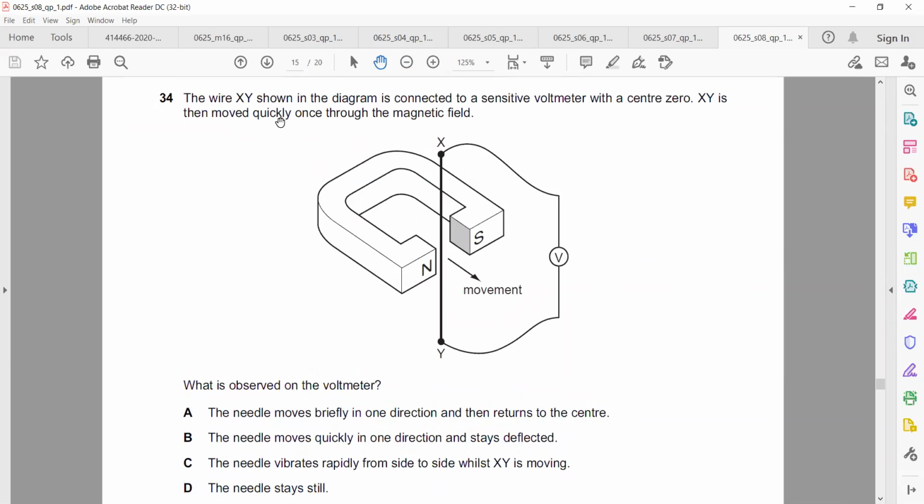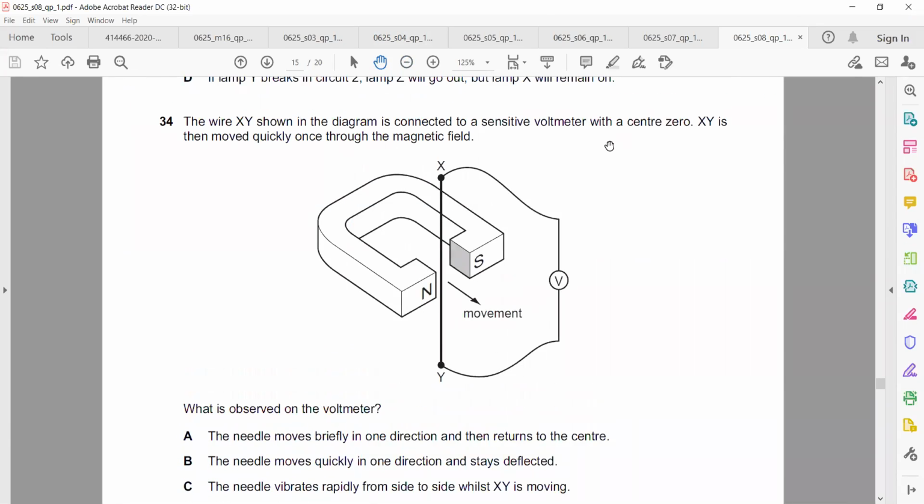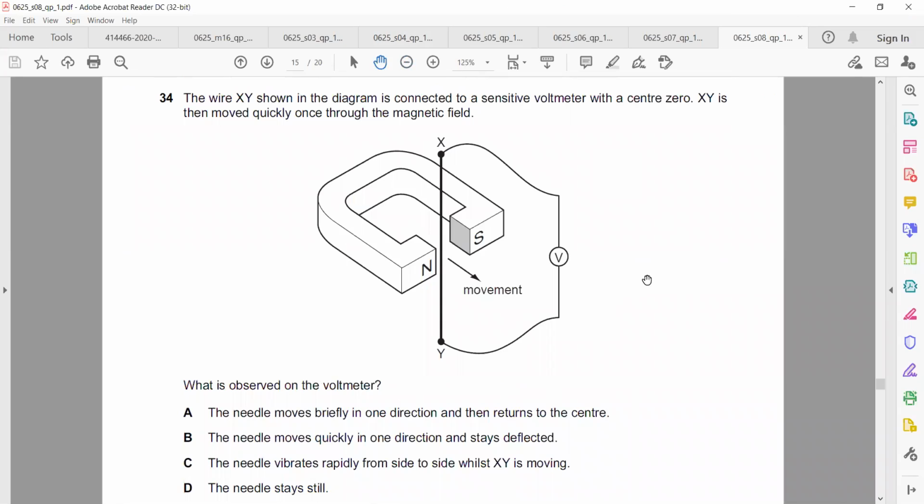The wire XY shown in the diagram is connected to a sensitive voltmeter with a center zero. X and Y is then moved quickly once through a magnetic field. What will we observe? Zero is at the center.